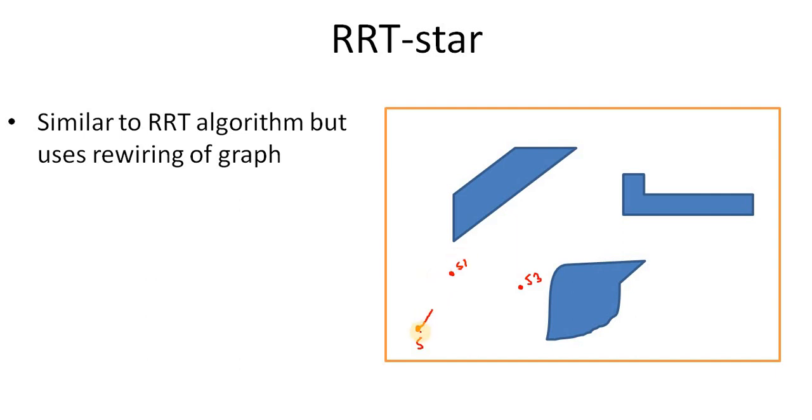The nearest node to S1 is S. So at a distance d, you connect your new node, which is N1. Then there is a sample S2. The nearest node to sample S2 is N1. So you make a new node in the direction of S2 at a distance d. This is N2.